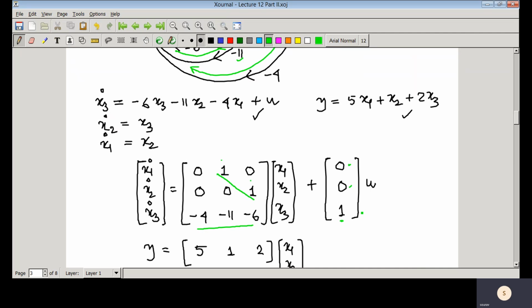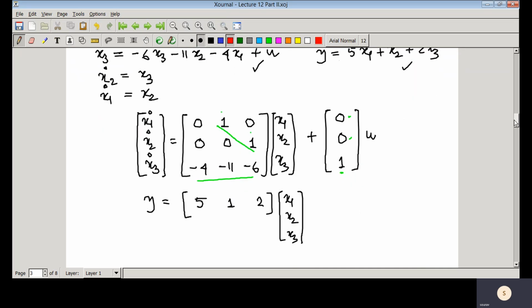So A and B matrices have that special structure, and this particular realization is known as controllable canonical form, in abbreviated form CCF.